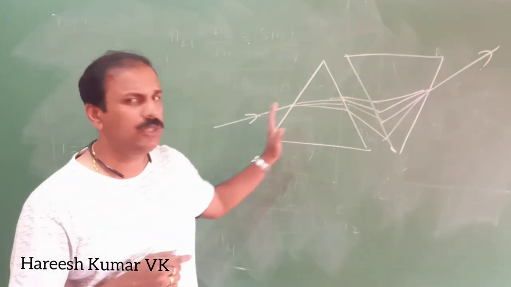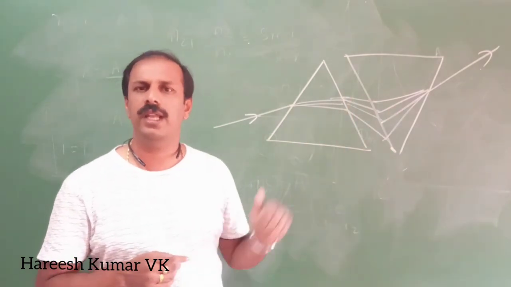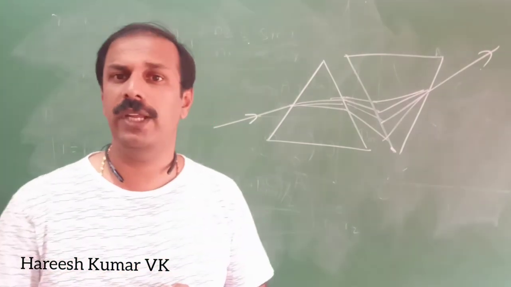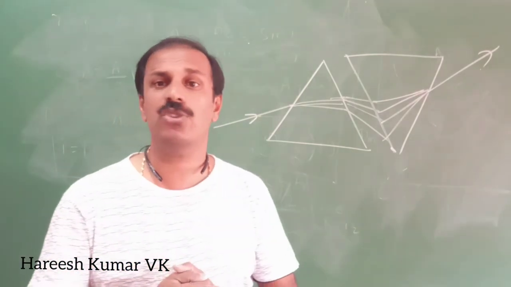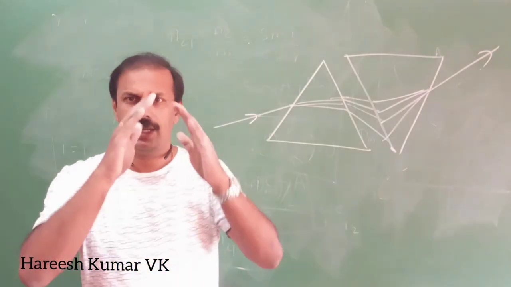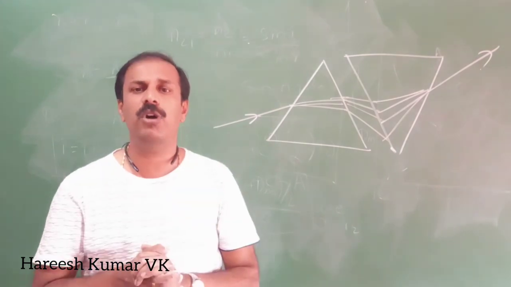So this is what you have to study, and we have some applications for this also. When the light is passing through a lens, the bending will be different. So we have something called chromatic aberration, which we will discuss later. That is, when the light is passing through a lens, all the colors will not focus to the same point.